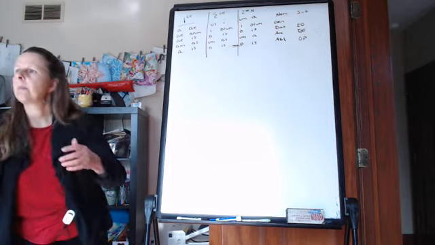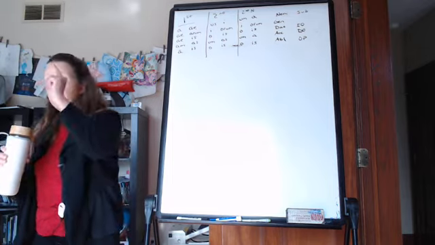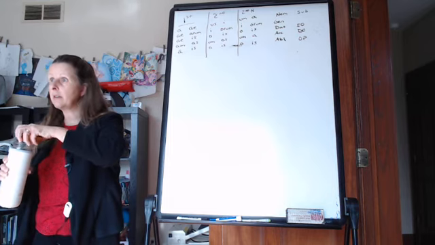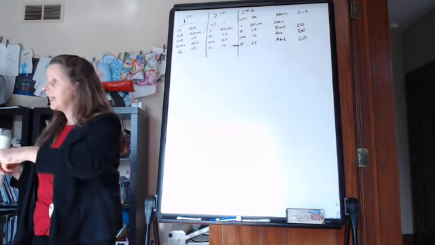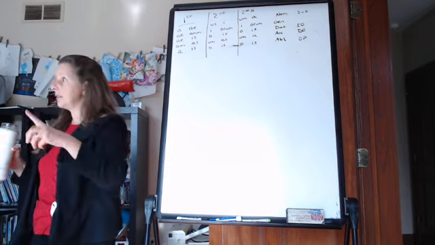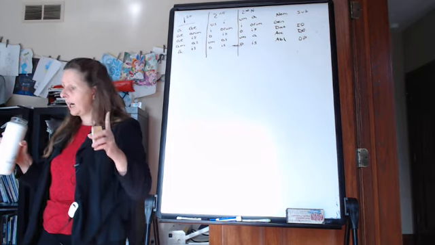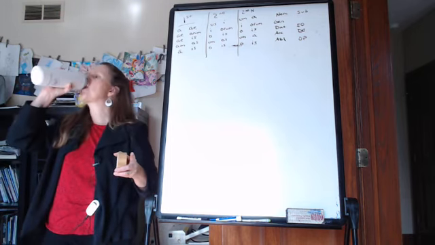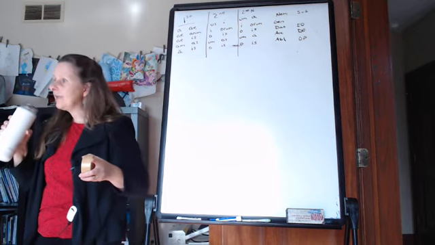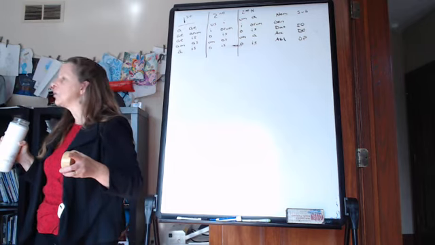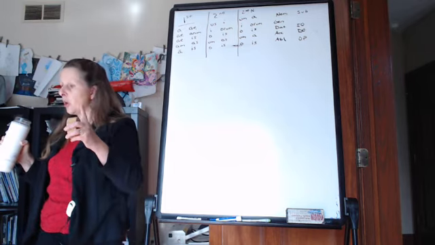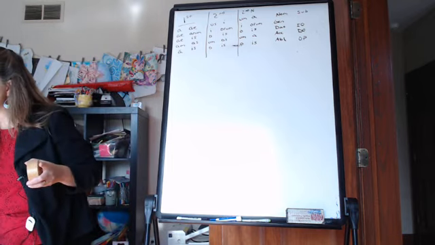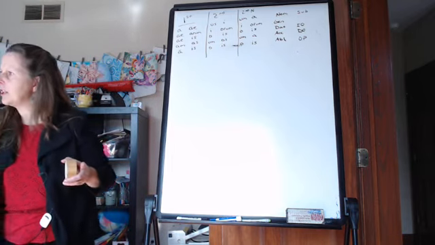Yes? I didn't finish my reading. Okay, then you're going to finish it today. I want you to write it down. If I say anything and you don't have it written down, you write it down. That's your job today. I want you to have this written down, and I want you to understand why it is what it is. That is our goal, because I have a review and I have a unit test.